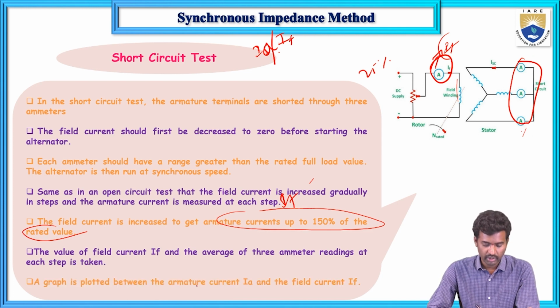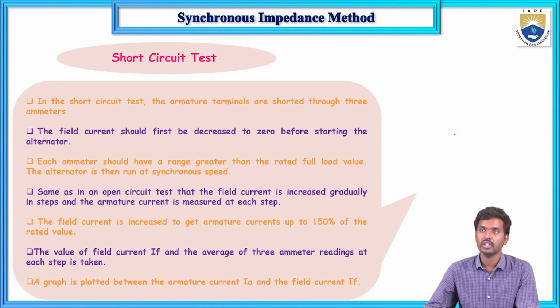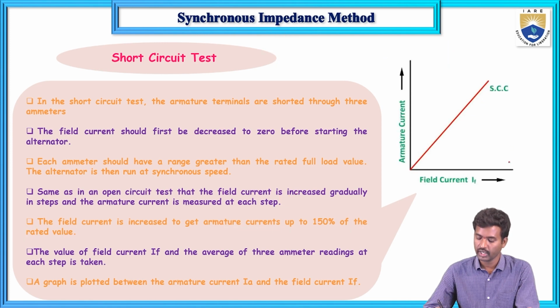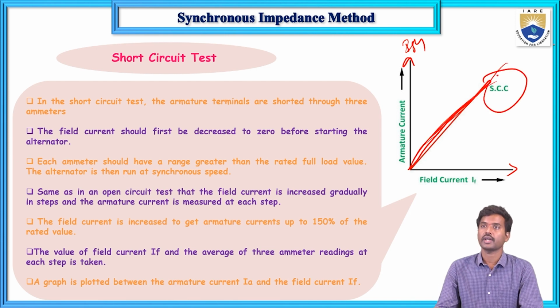Now a graph can be plotted, and it should be a straight line passing through the origin. This is If and this is Isc, that is Ia. It looks like this: If on one axis, armature current, the short circuit current, on the other. If you conduct the short circuit test on the alternator at synchronous speed and draw the graph between these two, it should be a straight line passing through the origin. This is the short circuit characteristic.